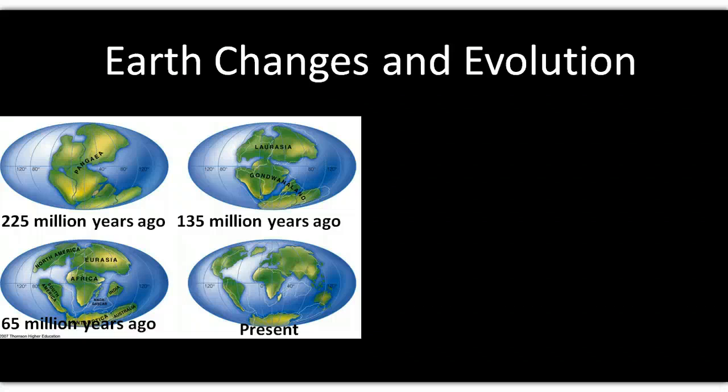So just looking at some of the changes that we've had over a long period of time is the continental movement going back from 225 million years ago, from what we think, to what we have today with the continents, the continental shift. And this could be the best example of a change we have here, the isolation of Australia and some of the surrounding islands with the marsupials.